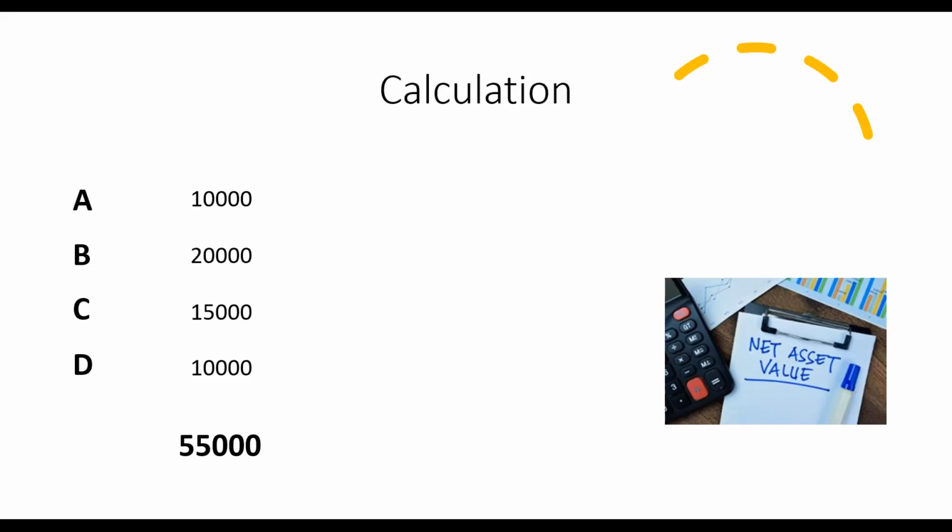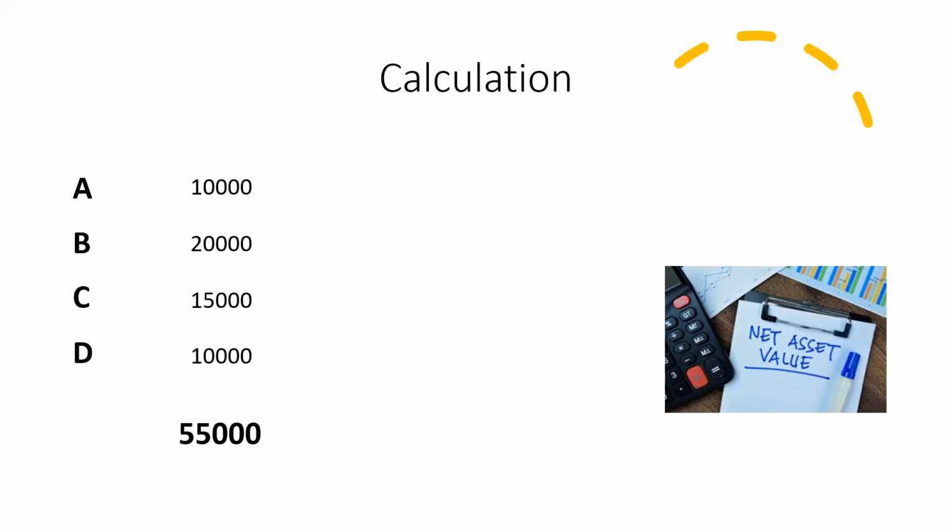In a simple manner, it is the market value of the security, and from this market value, they are going to deduct any liabilities, any fees or any expenses. So this is the calculation of net asset value.